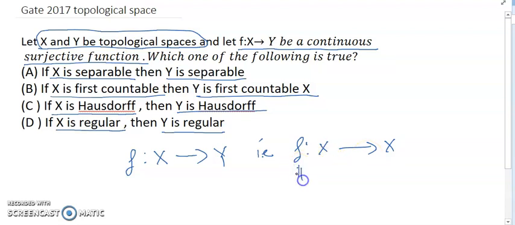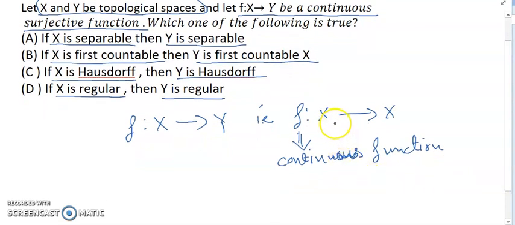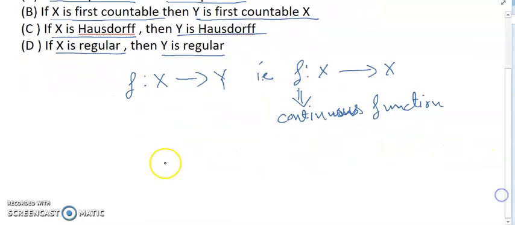This function is continuous. Continuous surjective function, X tends to X. I hope there is no problem, because X and X both have equal cardinality. So it is a continuous function.